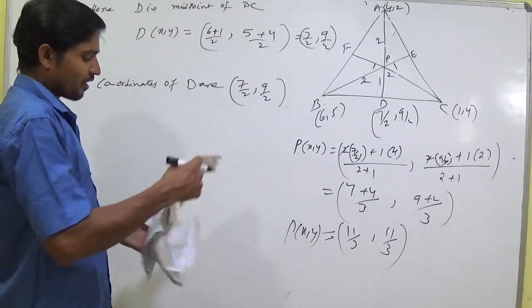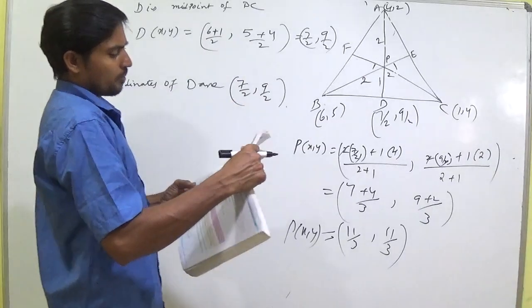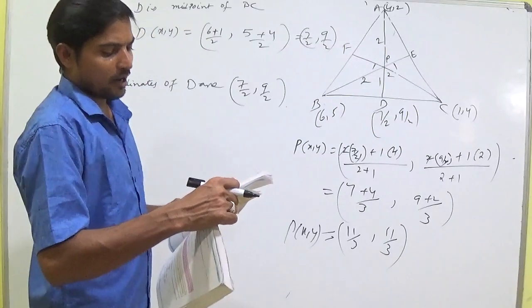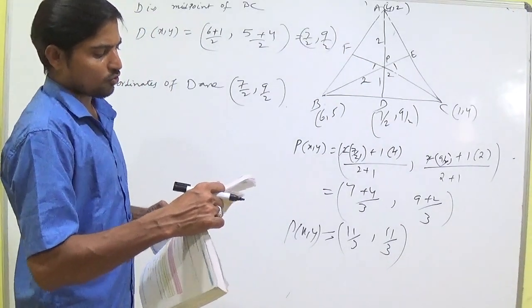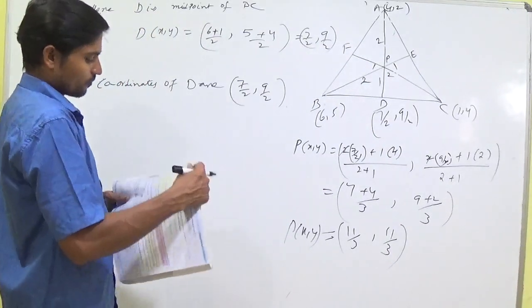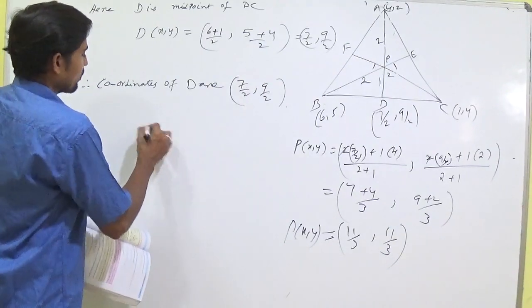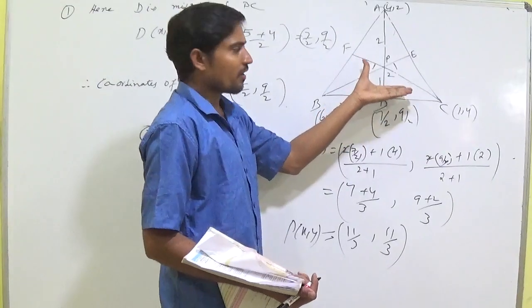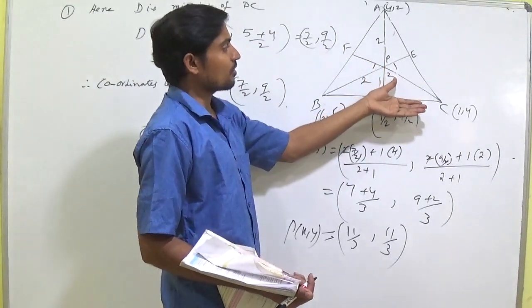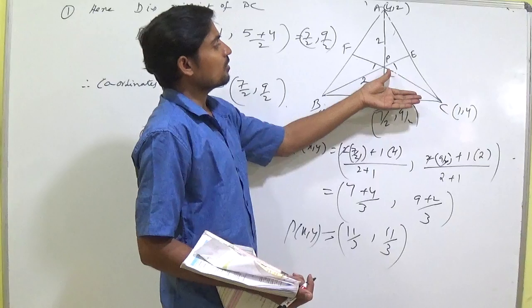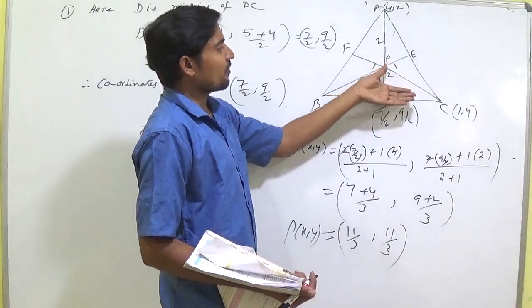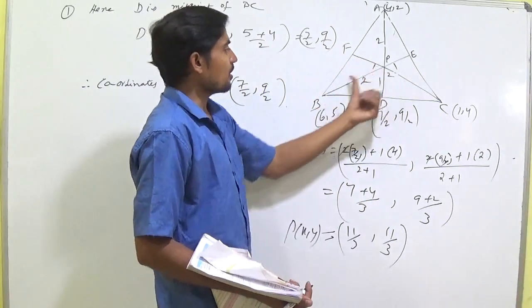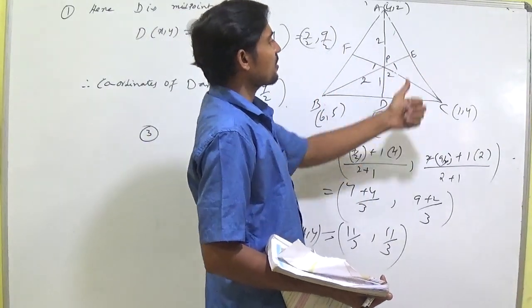The second one also I explained: find the coordinates of P on AD such that AP to PD is 2 to 1. The third one you do it. In the third one we have two cases: P divides CF in the ratio CP to PF is 2 to 1, and BP to PE is 2 to 1.